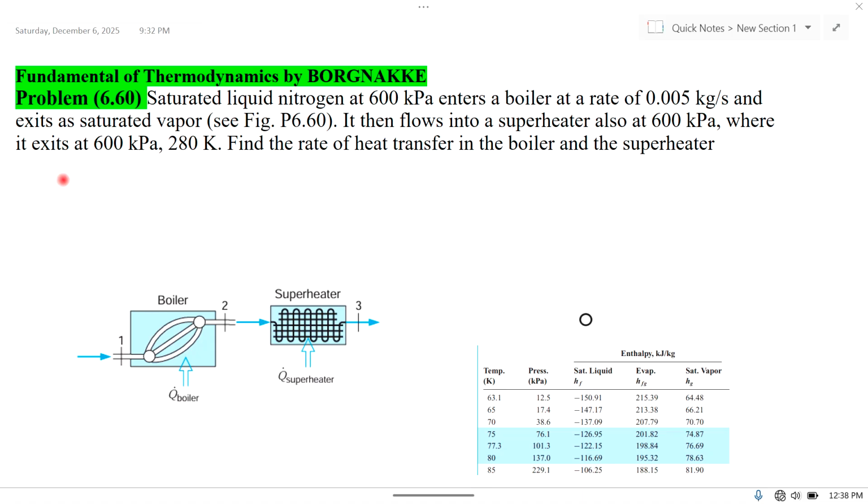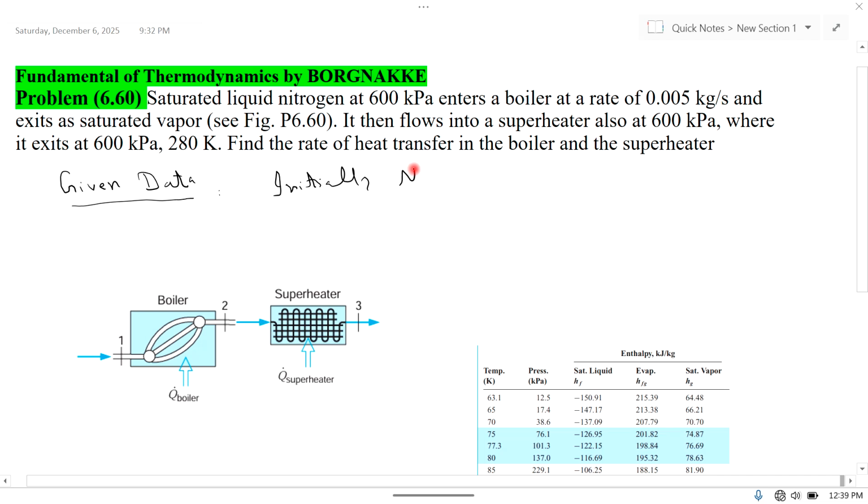In this lecture, I am solving problem 6.60 from Fundamentals of Thermodynamics by Borgnakke. The statement of the problem is: saturated liquid nitrogen at 600 kilopascal. It means that initially nitrogen is saturated liquid, so the initial point will be on the saturated liquid line and the initial pressure is equal to 600 kilopascal.